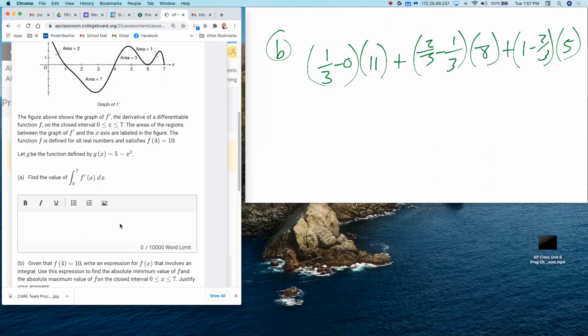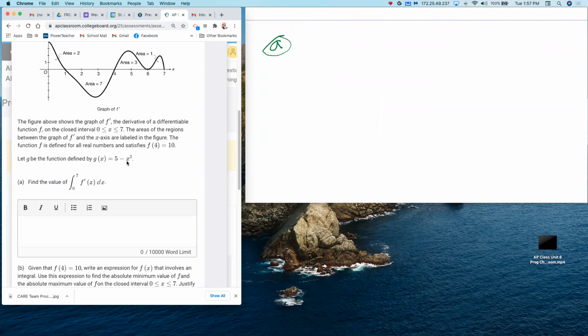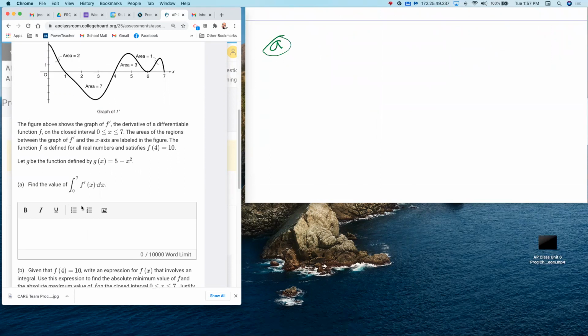So this first part is really similar. In part A on this, you're given this graph and you're supposed to come up with the integral from 0 to 7 of f prime of x dx. And you know that this is the graph of f prime.